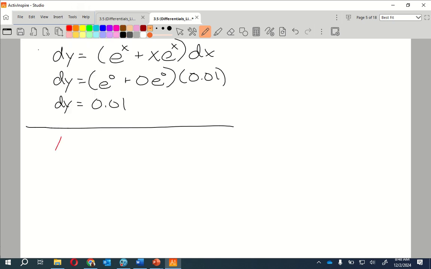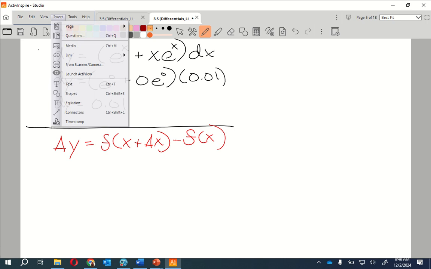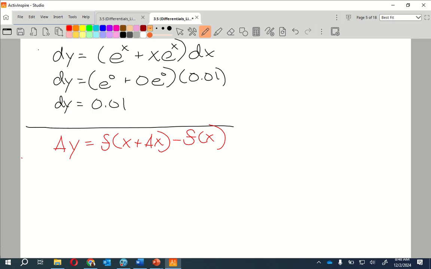And then my delta y is going to be f of x plus delta x minus f of x. I plug it in, so delta y is equal to f of 0.01 minus f of 0, and f of 0 is still 0.